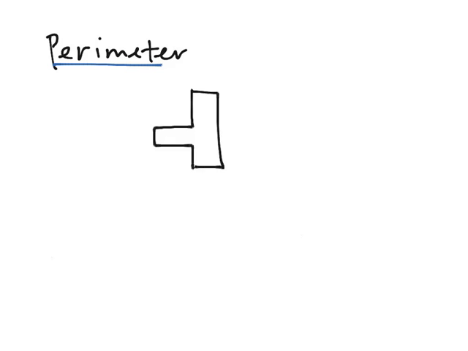Let me label this as 10 centimeter. And over here I can call this 5 centimeter, and this is 4 centimeter. And I leave the whole question as it is and ask you to find the perimeter.